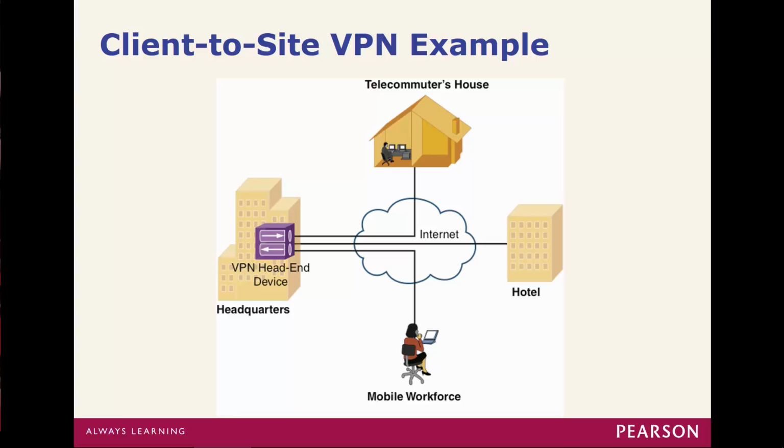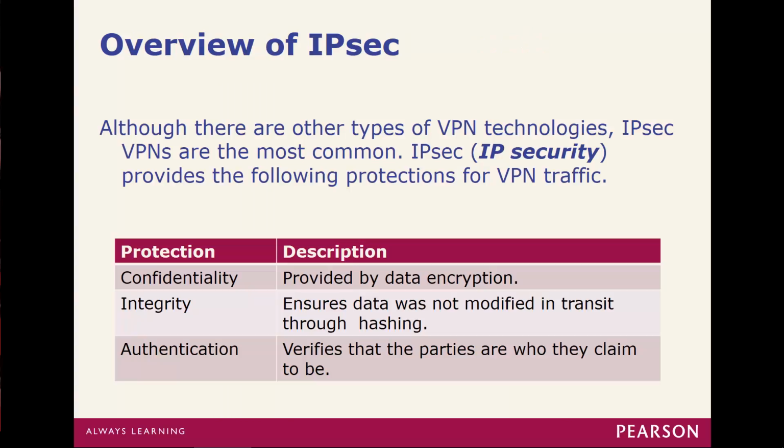So how does this VPN functionality work? A common one is through IPsec. That's our current security model, and it provides protection in CIA. There are weaker forms of VPNs out there, but normally IPsec is the one that you want to use.